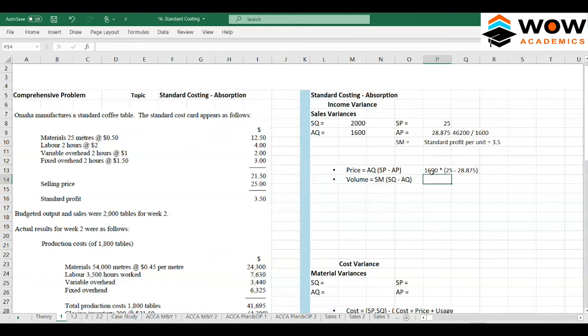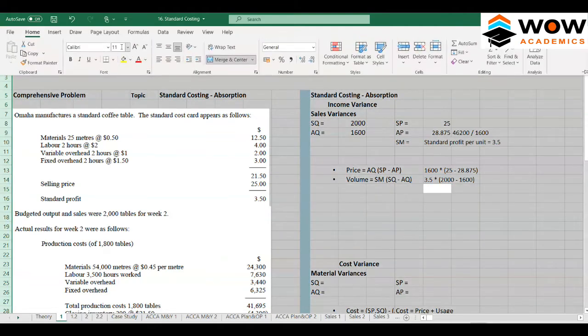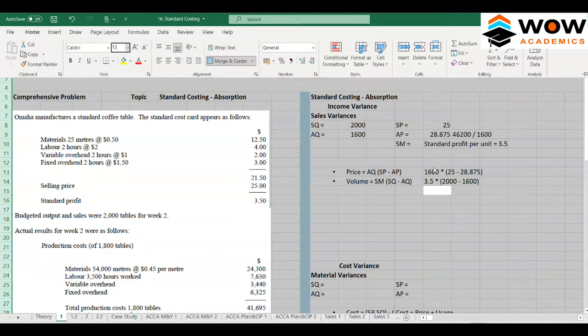Next one is SM, standard margin, which is 3.5, into SQ, standard quantity, minus actual quantity. So now solve it.